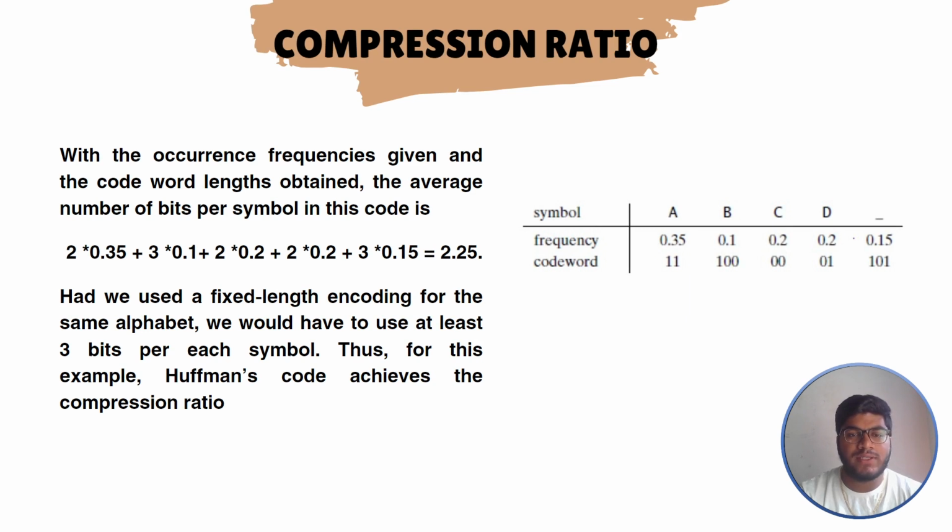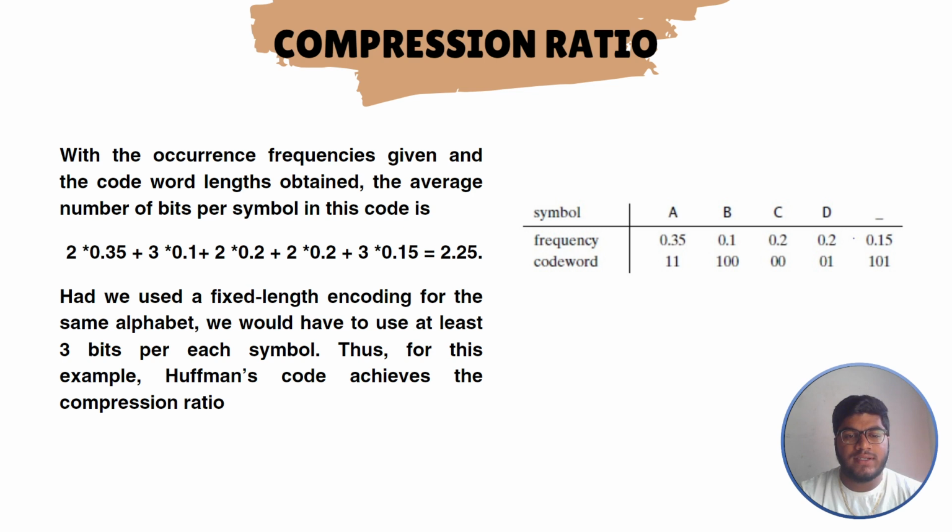With the frequencies given and the code word lengths obtained, the average number of bits per symbol in this code is found by multiplying the 2-bit code word of A with its frequency 0.35, adding the 3-bit code word of B times 0.1, adding the 2-bit code word of C times its frequency 0.2, adding the 2-bit code word of D times 0.2, and adding the 3-bit code word of the underscore times 0.15. By solving this sum, we get about 2.25.